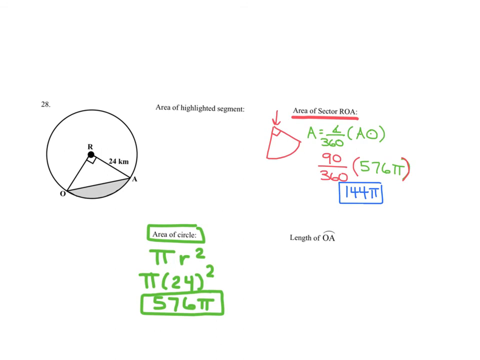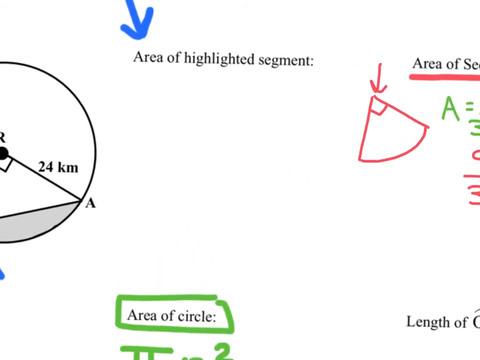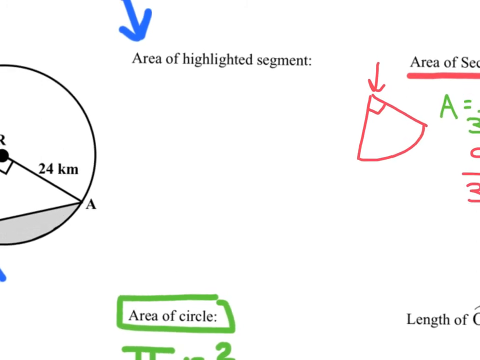Let's stick with the theme of area right now and go to the highlighted segment. So the highlighted segment is the shaded part of the circle. So it's the part that's gray here. All right, and to do this, you guys, and this is what we learned last week, what you want to do every time is take the area of the sector minus the area of the triangle.